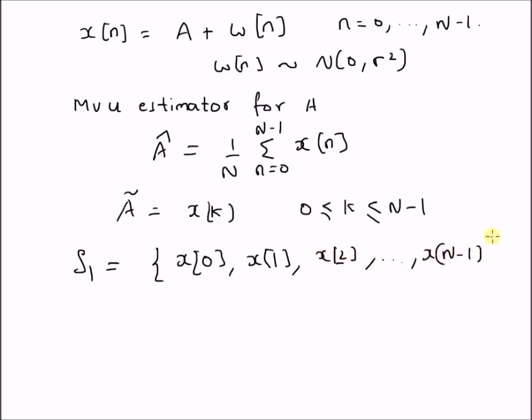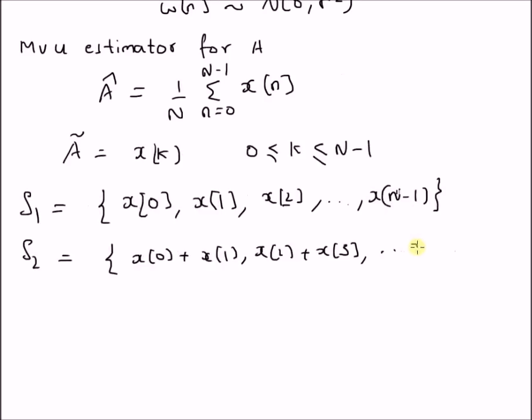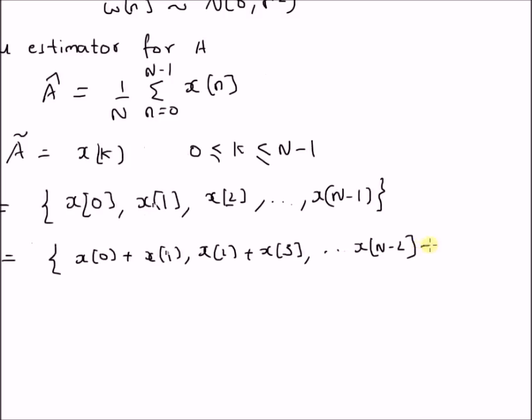That is, we have a set with n elements, that is the original data set, and then we can also have a set S2 which has the following elements, that is x0 plus x1, then x2 plus x of 3 and so on up to x of n minus 2 plus x of n minus 1.